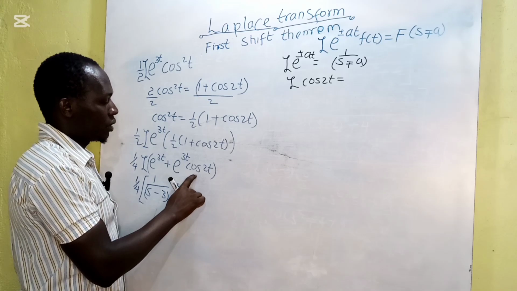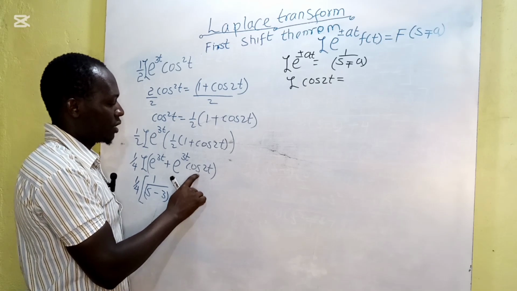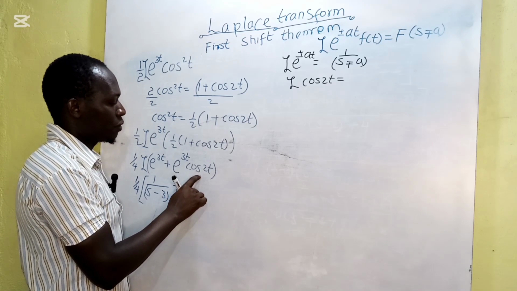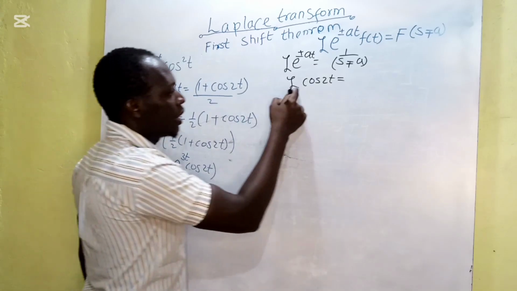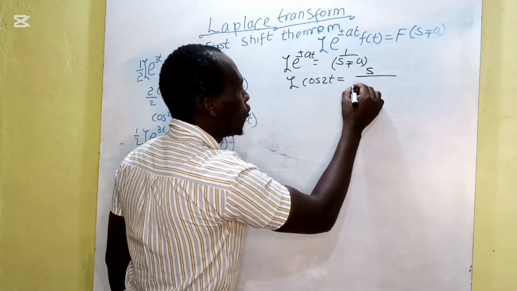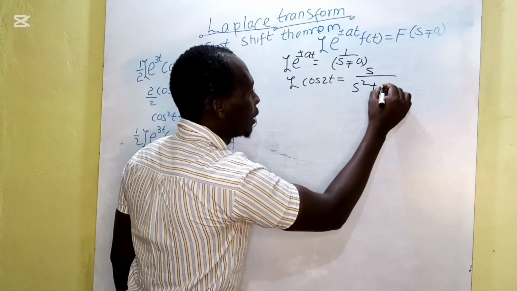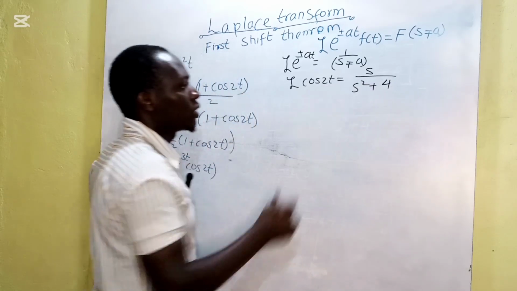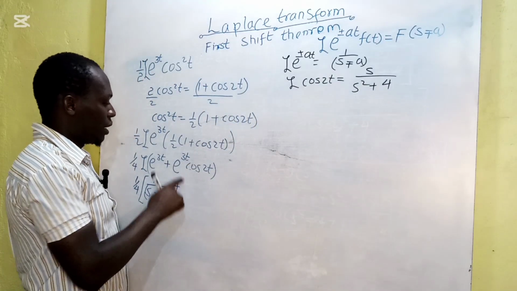That is what we are being required to do here. We first get the Laplace transform of cos 2t. And finding the Laplace transform of cos 2t, we are going to have s all over s squared we add to 4, because a is going to be squared.